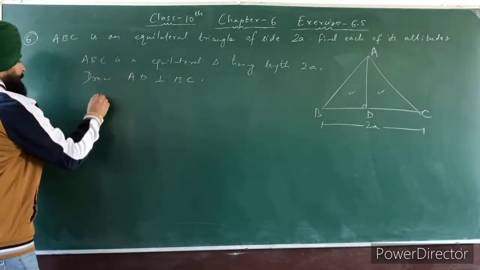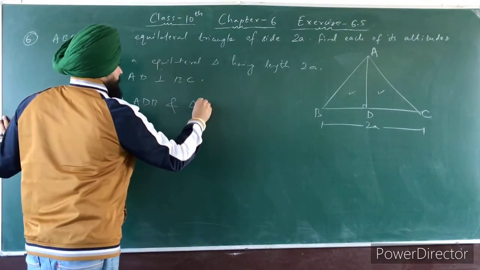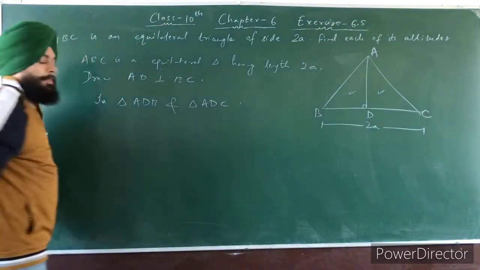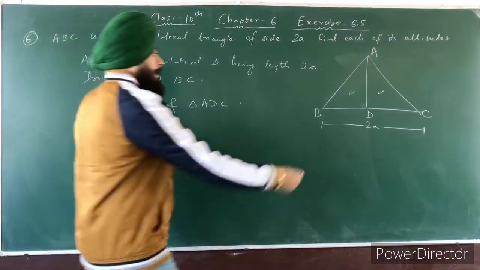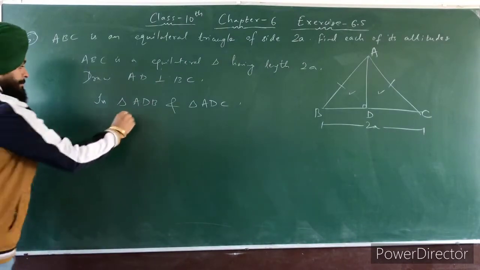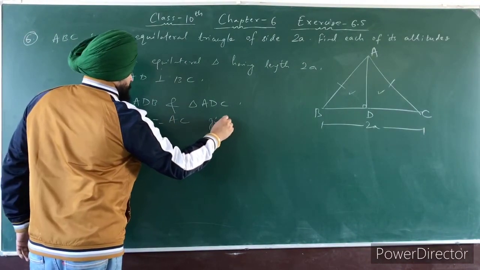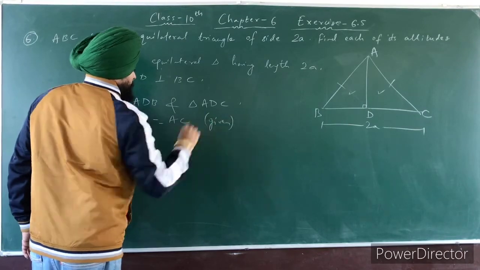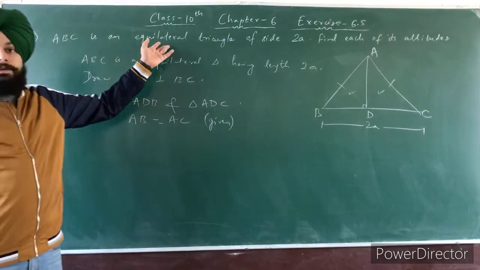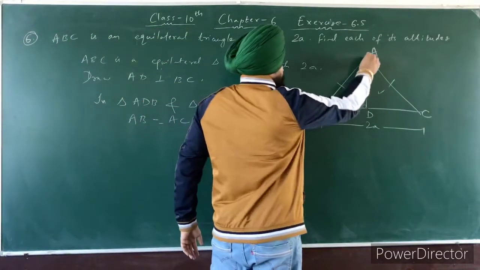So write here, in triangle ADB and triangle ADC, which is the first part? We know that AB is equal to AC, equal sides. AB is equal to AC, right here also given, because the triangle is equilateral and all sides are equal. Second one is, you can see here AD.